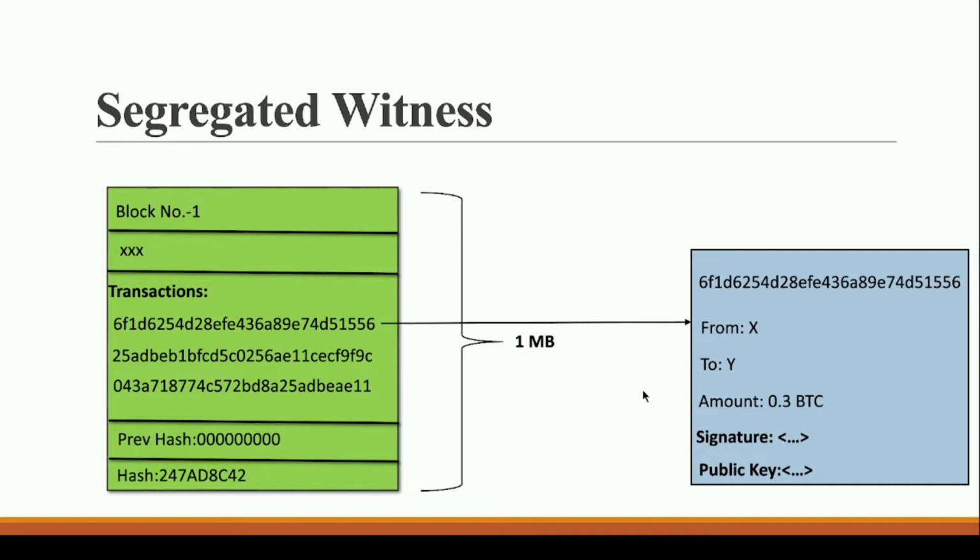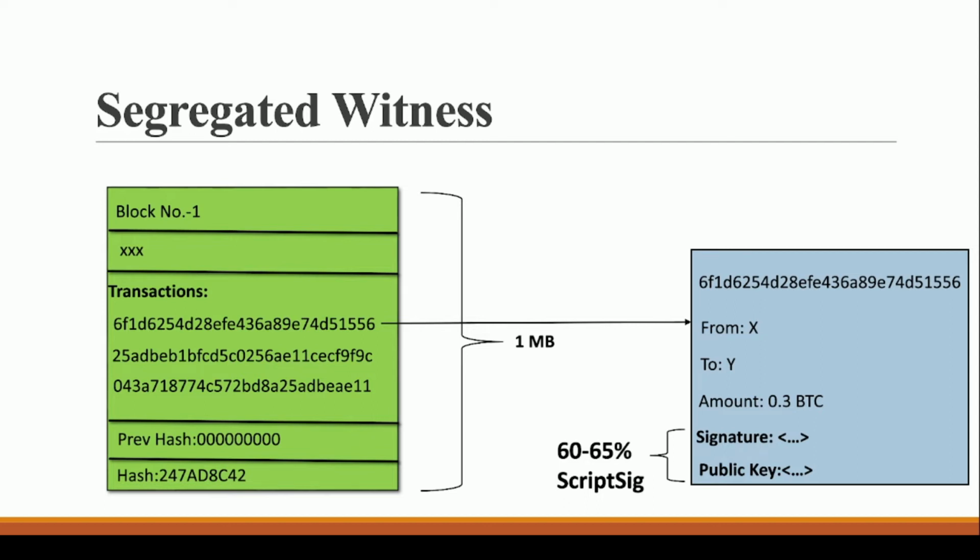So you can see that a transaction involves so many different fields. And this script sig, meaning this signature as well as this public key, acquires around 60 to 65% of the space. Now just imagine, we have a 1 MB block where 60 to 65% of the space is being acquired by this signature and this public key, which is not a good thing. Why?